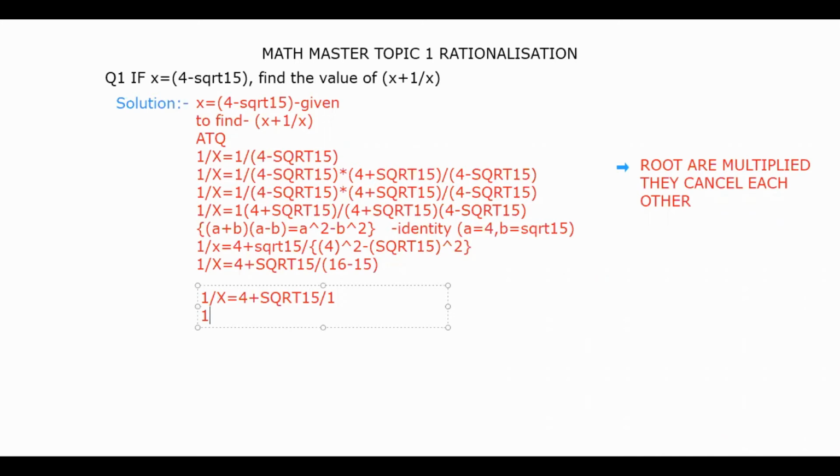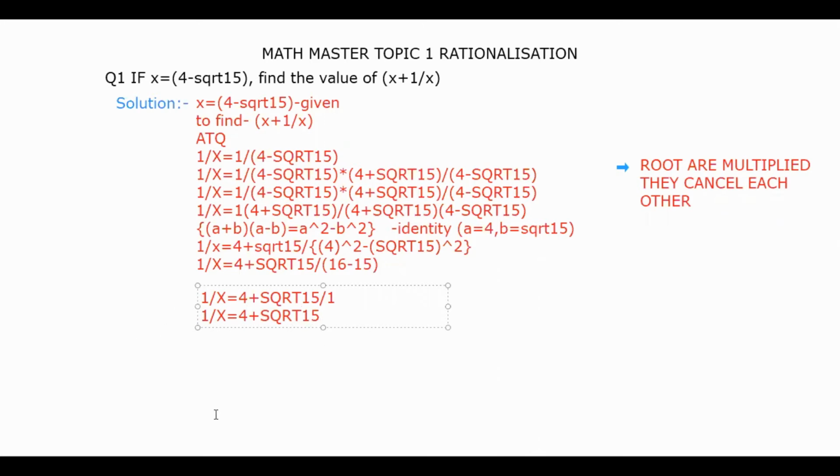Now 1 divided by x will become, we know that whenever there is a 1 in the denominator, the answer is equal to the numerator. That is, here 4 plus square root 15 is divided by 1. So the answer will be 4 plus square root 15.